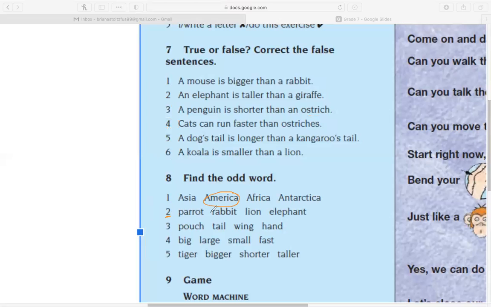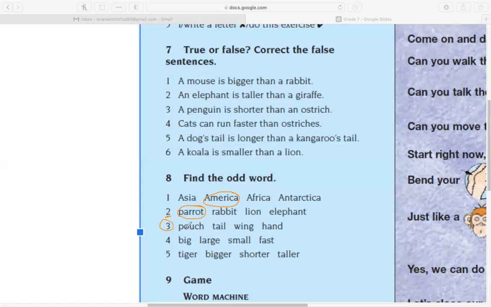Number 2, parrot, rabbit, lion, elephant. What is the odd word here? One animal is different than the others, very different. Which animal is very different? The parrot, because the parrot can fly, it's a bird, but rabbit, lion, and elephant are just animals.